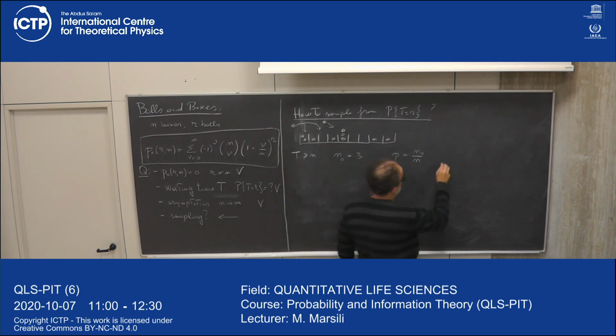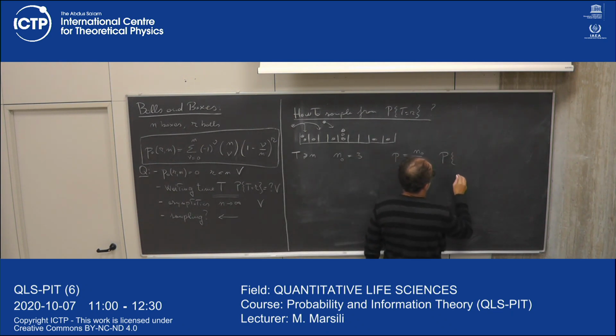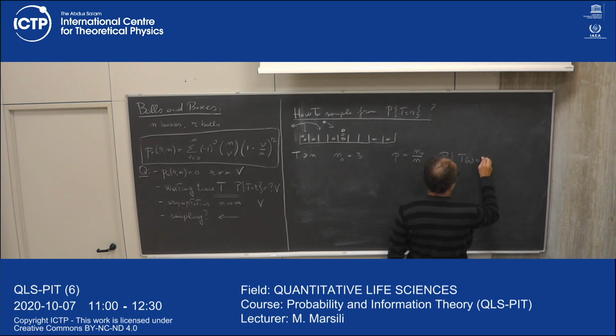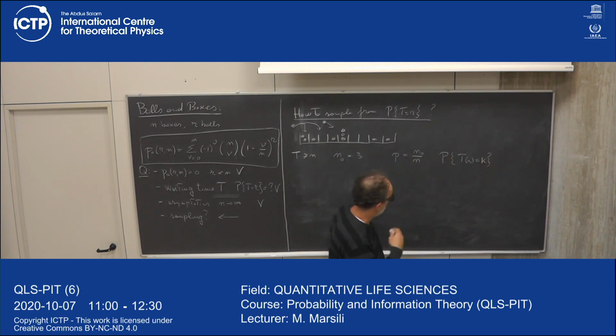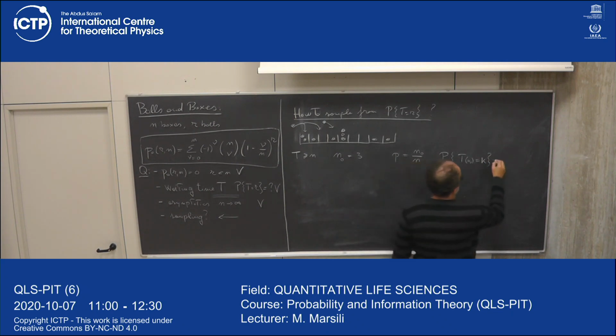So the probability that I have to wait a number of balls, let me call it t of n0, the probability that I have to wait k draws is a geometric distribution.